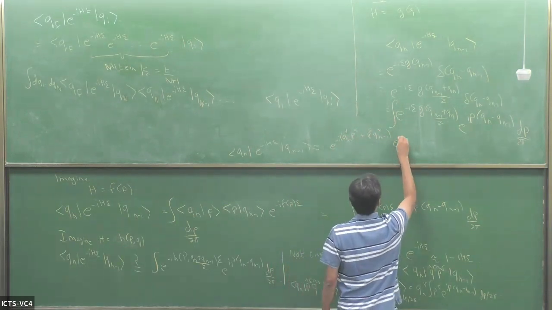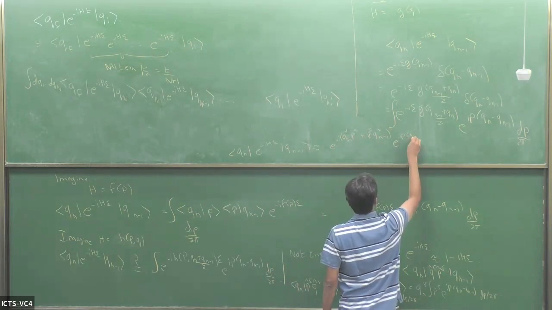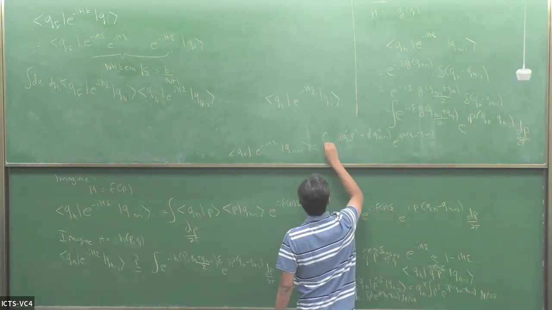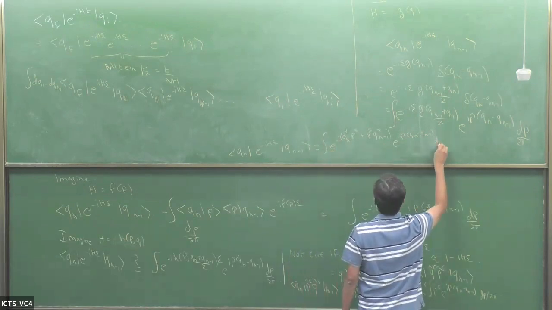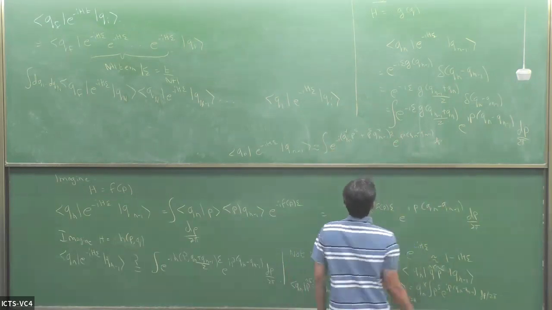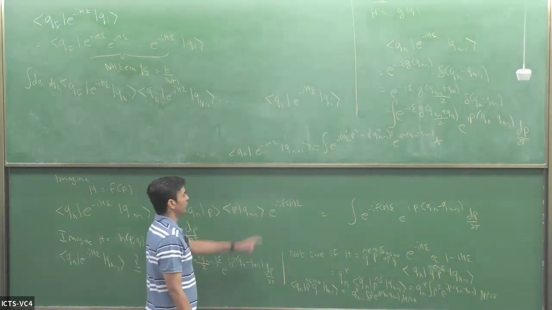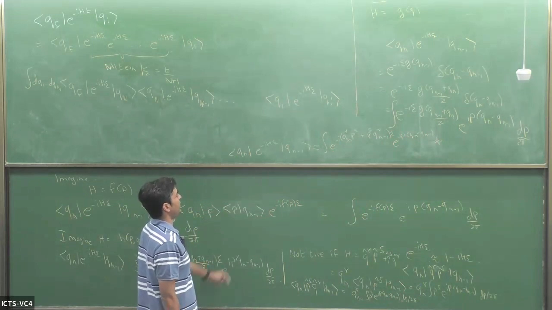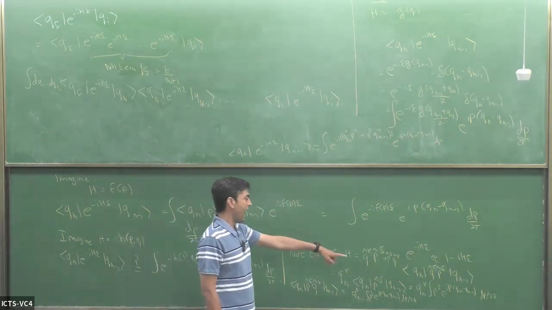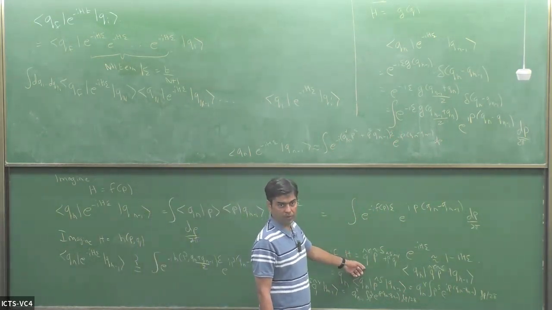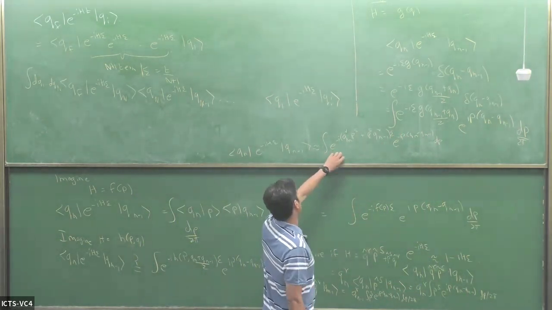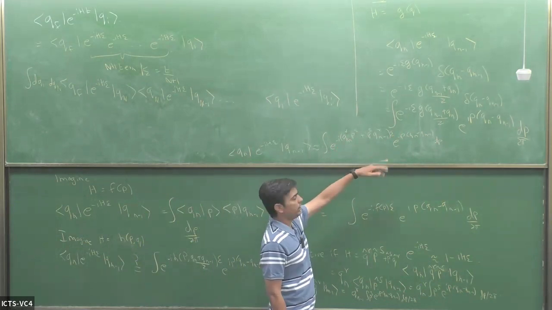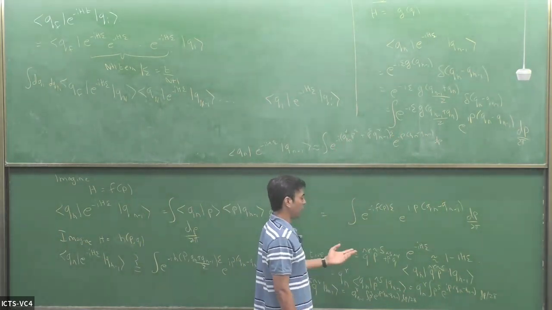And this is integrated with e to the minus i p. So I would find an expression that looks like this. But this expression is not the same as evaluating this h at the average, which is (q_n + q_{n-1}) by 2. In this case I have a symmetric term where you have q_n here and q_{n-1} there. But I could have written other forms of h.